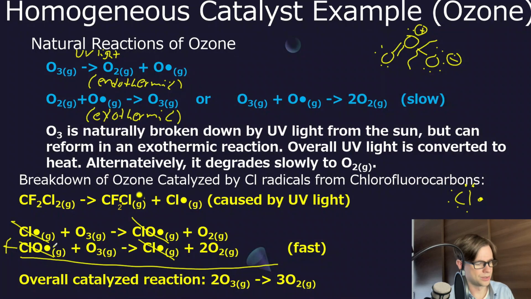So what we have is just 2O3 goes to 3O2. So overall, ozone being just broken down into oxygen, and it goes fast. And the problem is this reaction requires Cl dot, but Cl dot is produced as a final product, right? Which is why it doesn't appear in the overall catalyzed reaction. It's just that this is catalyzed by Cl dot.